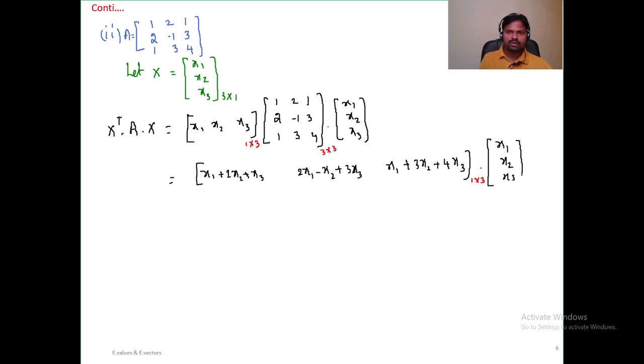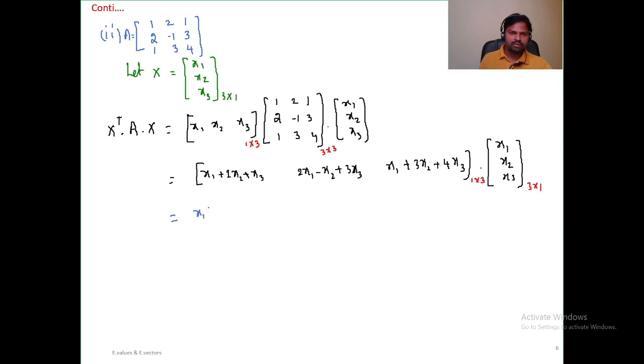And what is this order? 3 by 1. So it is of order 3 by 1, 3 rows and 1 column. Now the resultant matrix order is 1 by 1, so one expression. So x1 plus 2x2 plus x3 into x1.